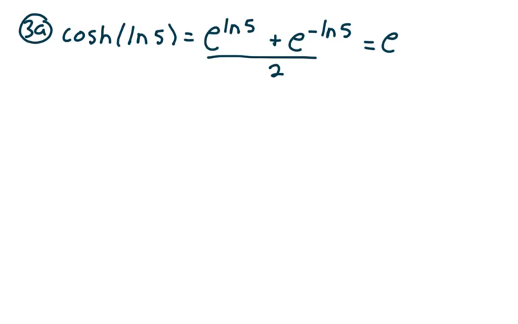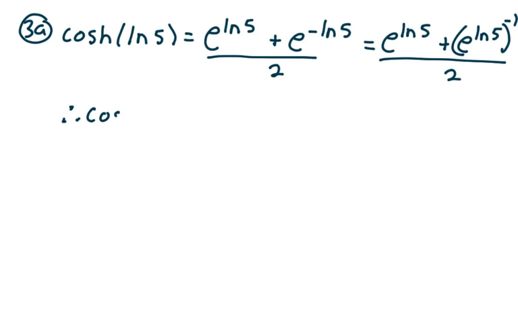But this is e to the natural log of 5 plus e to the natural log of 5 raised to the negative 1 divided by 2. And so, therefore, cosh of natural log of 5 is 5 plus 5 to the negative 1 divided by 2.